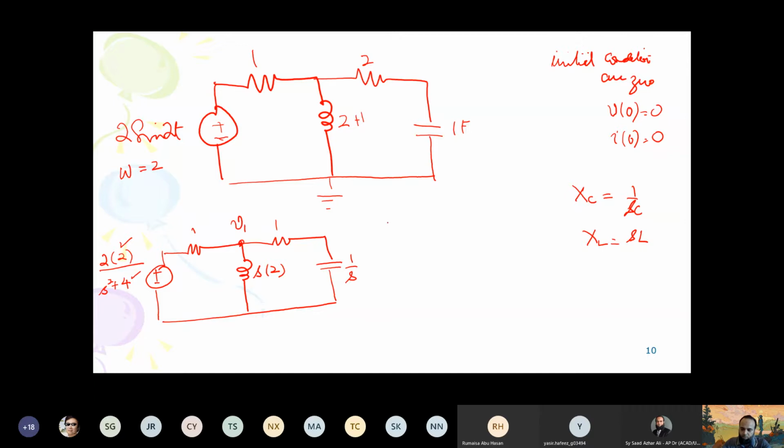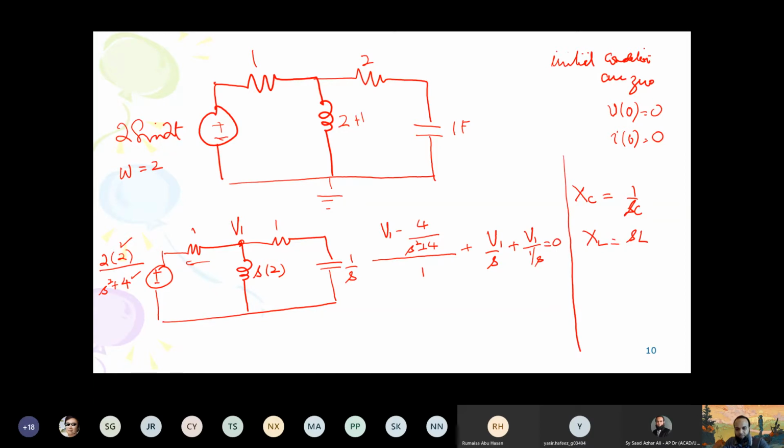We can write the node equation as V1 minus 4 upon S square plus 4, divided by 1 for this current, plus V1 upon S, plus V1 upon 1 upon S, is equal to 0.